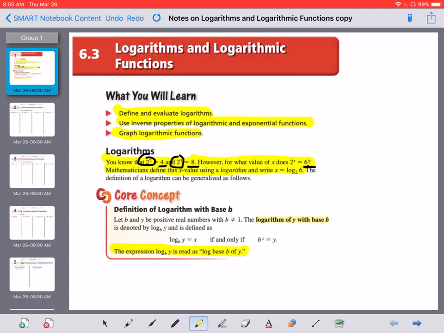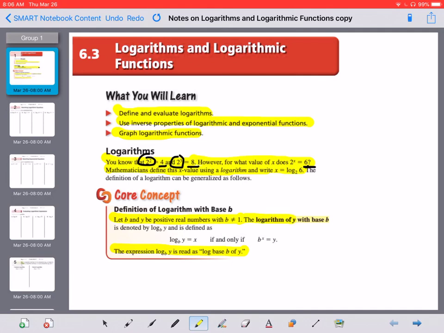If we go down to the bottom again, the definition of logarithm with base b: let b and y be positive real numbers with b not equal to 1. By the way, if it was just 1, it would be 1 to whatever power, so you would still end up with 1. That's why it says not equal to 1.